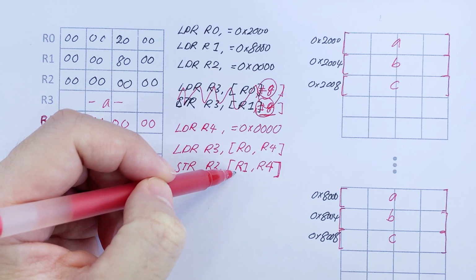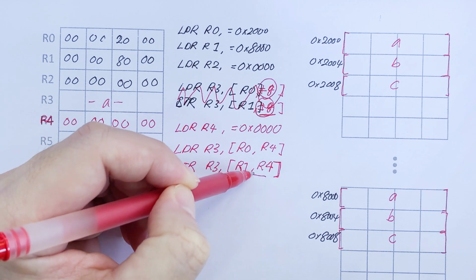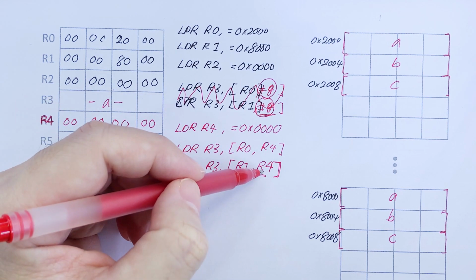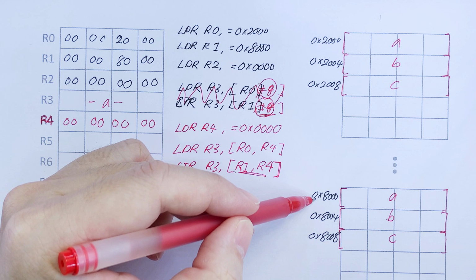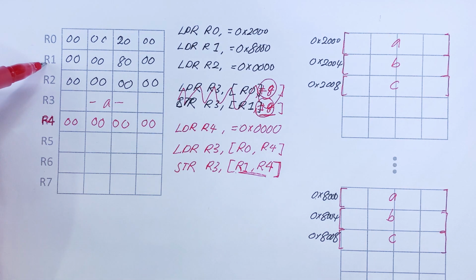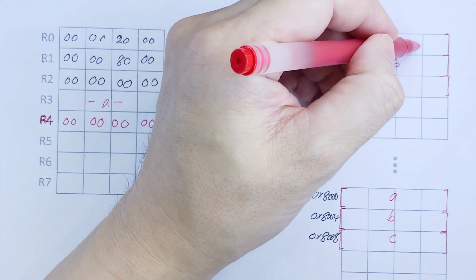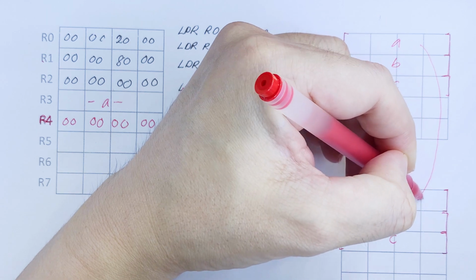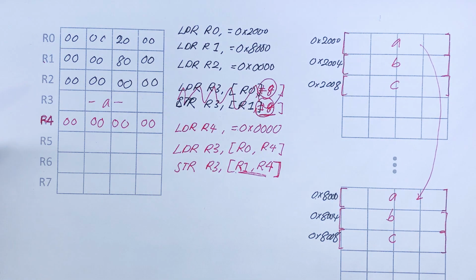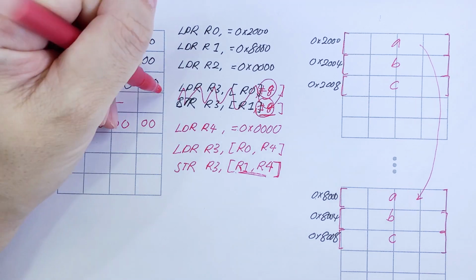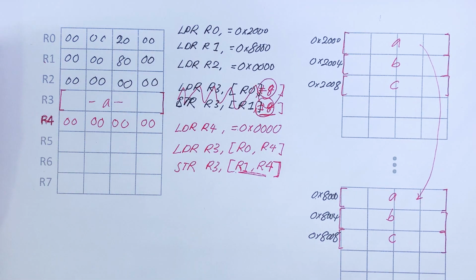So the address at this moment, R1 plus R4, is still 8000, similar to the value of R1.